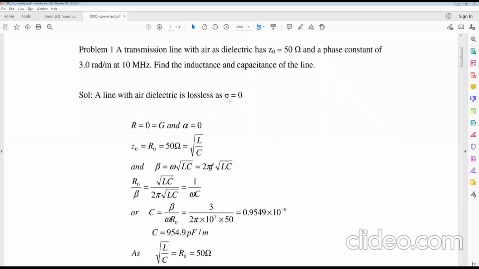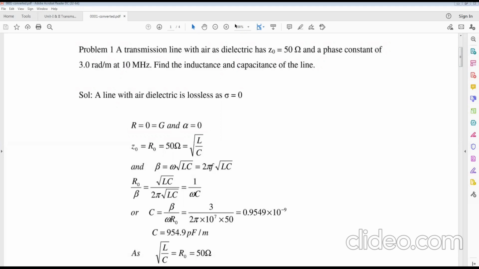So the next example, my friends, is a transmission line with air as a dielectric that has Z0 equal to 50 ohms and phase constant 3.0 radian per meter at 10 megahertz.